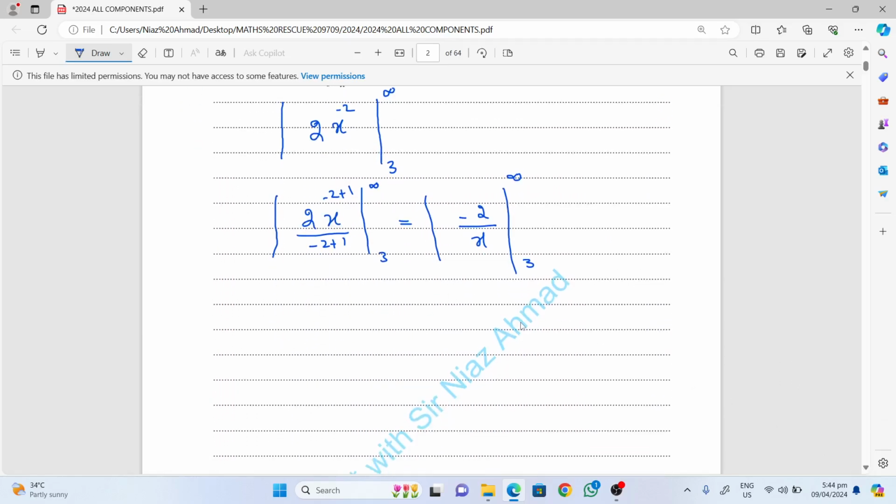Before going to apply our limit, we should remember these things. 1 over 0 is infinity, and 1 over infinity is always 0. So when I apply it, take minus 2 to the outside, and then upper limit 1 over infinity minus 1 over 3. 1 over infinity is 0.